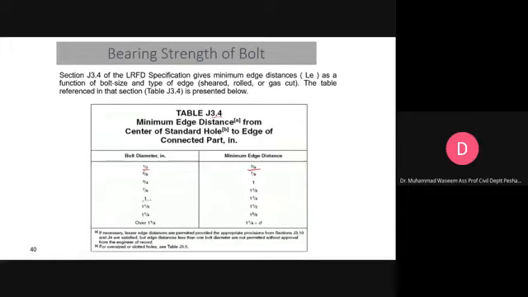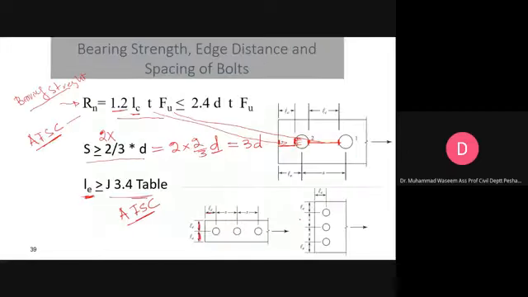If the bolt diameter is 1 inch, LE should be 1/4 inches. If the bolt diameter is more than that, this is the minimum distance, LE. This is not LC, don't get confused. LE is this distance. LC is used for evaluating the bearing strength. That is LC. Any question?